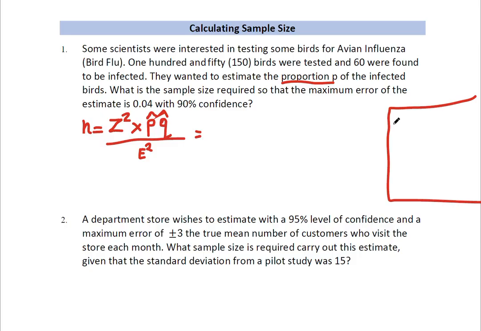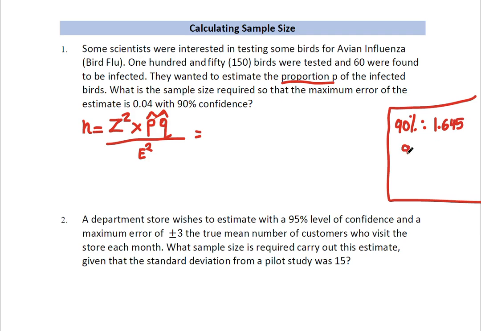It's useful to know that for a 90% confidence level, the table reading is 1.65 roughly, or more precisely 1.645.